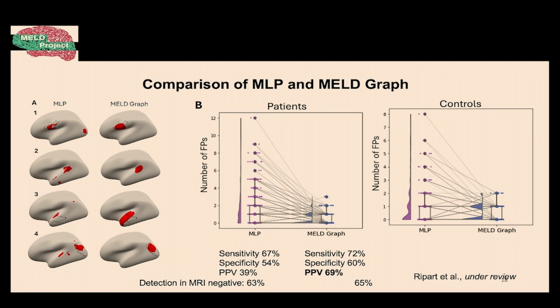When you look across the whole cohort, the issue of false positives drops off a cliff once you start incorporating this whole brain context, and it can start to decide this is the cluster I think is actually the lesion. In terms of statistics, the one that really jumps up is the positive predictive value. If there's a prediction, the likelihood of it being a true cluster is now 70%, whereas before it was 40%.